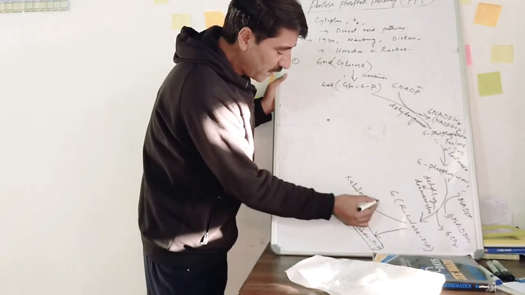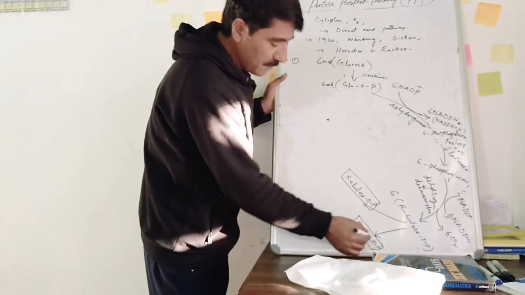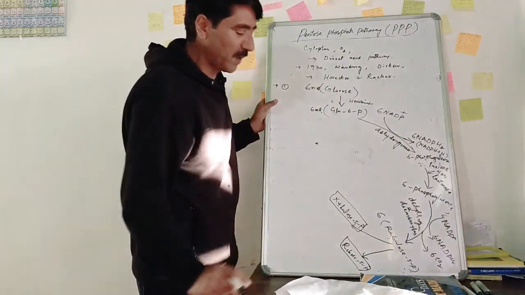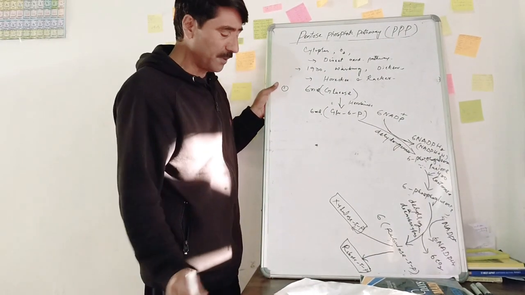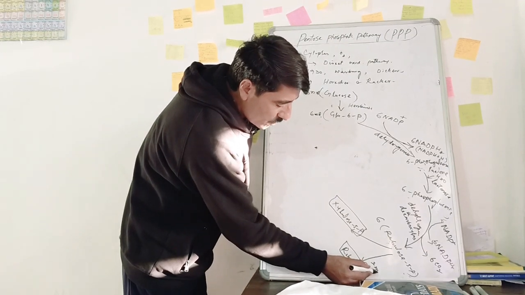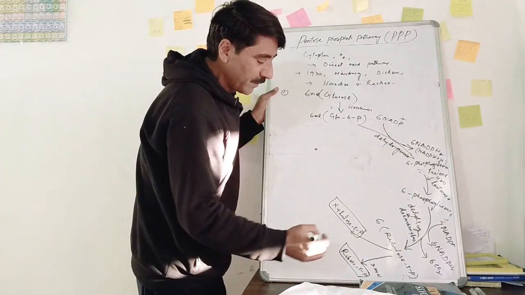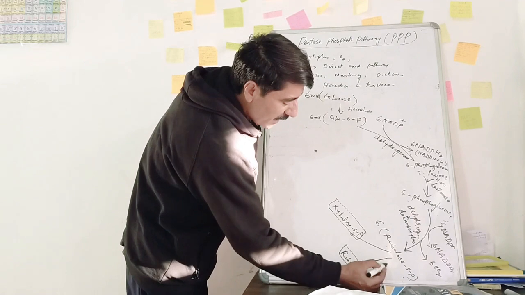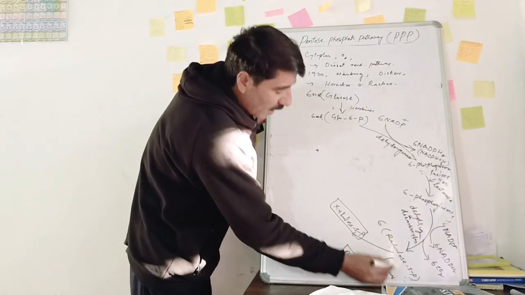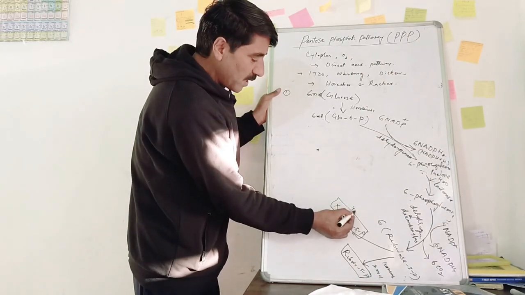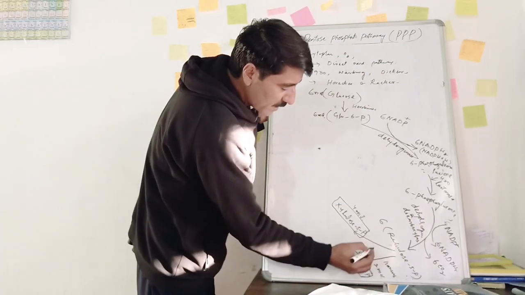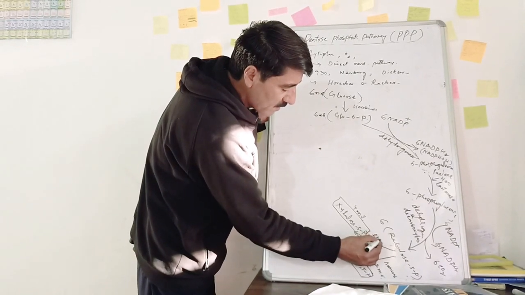Two molecules of ribose 5-phosphate are formed in the presence of the enzyme isomerase, and 4 molecules of xylulose 5-phosphate are formed in the presence of the enzyme epimerase.